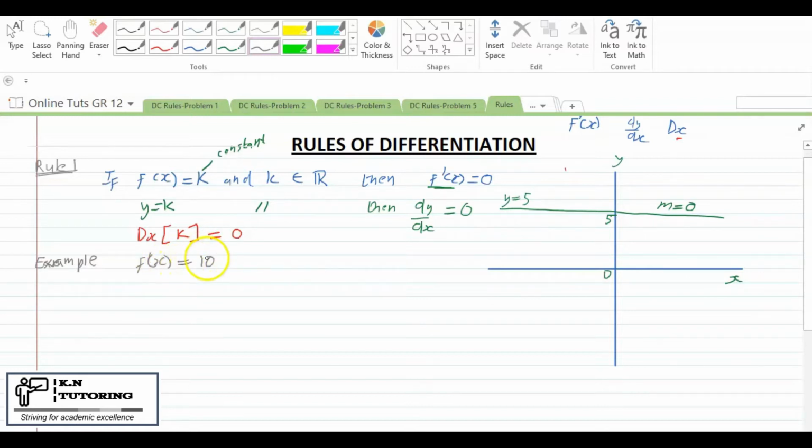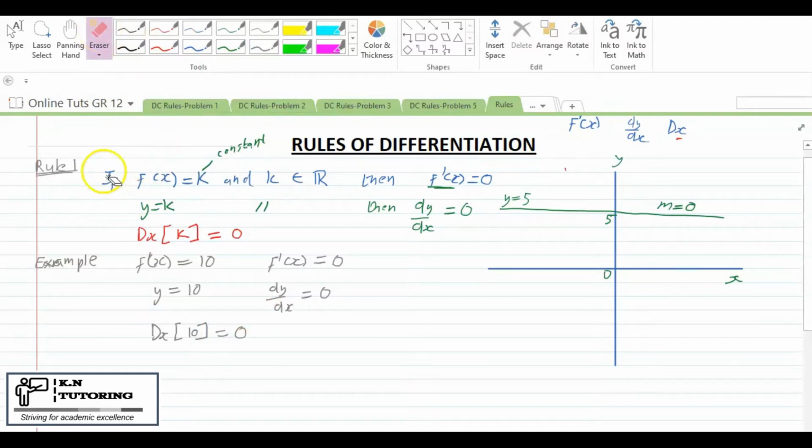So the derivative of a constant, we know the answer is going to be f prime x equals 0. If it was asked in a different notation, y equals 10, then the derivative would be dy/dx equals 0. Also, if it was given in a third notation, d/dx of 10, then we just say equals 0. I hope you are starting to get the picture.